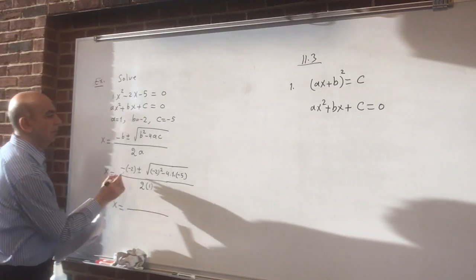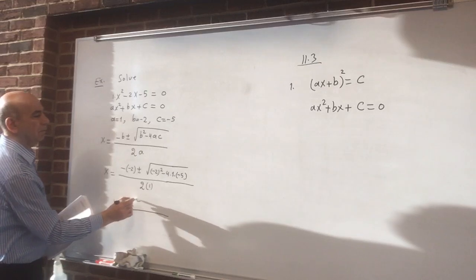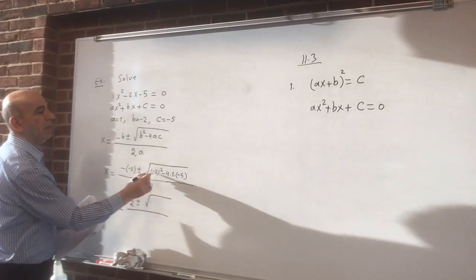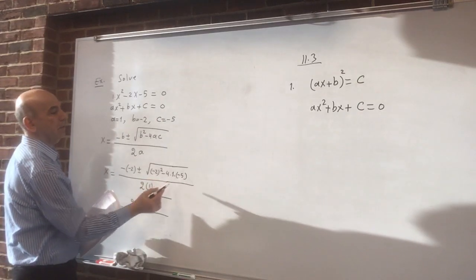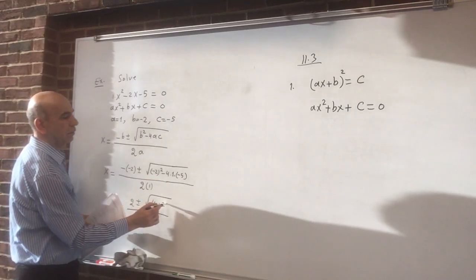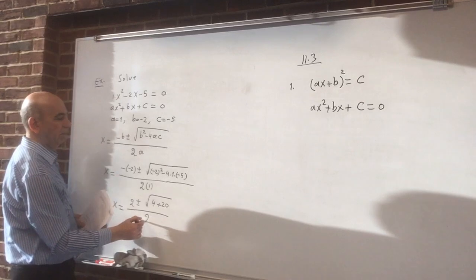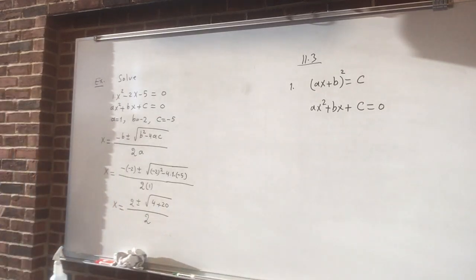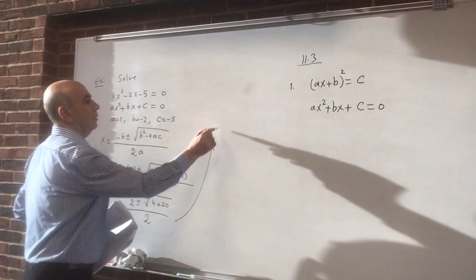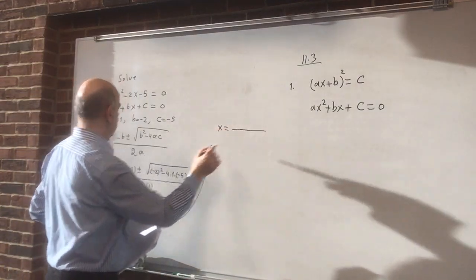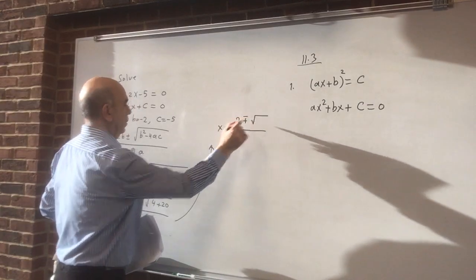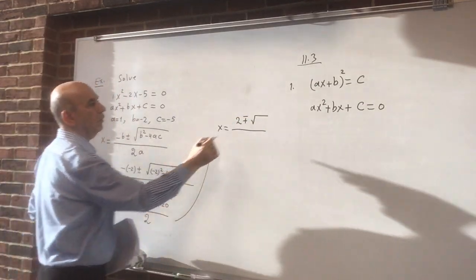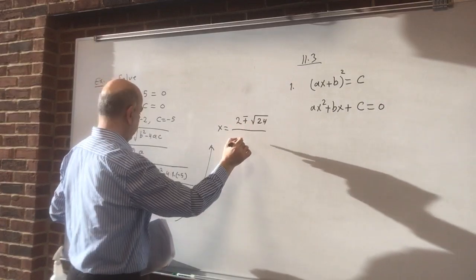Simplify. Negative times negative is positive. Negative 2 squared is positive 4. Negative 4 times negative 5 is positive 20. Divided by 2. So x equals 2 plus minus square root of 4 plus 20, 24, over 2.